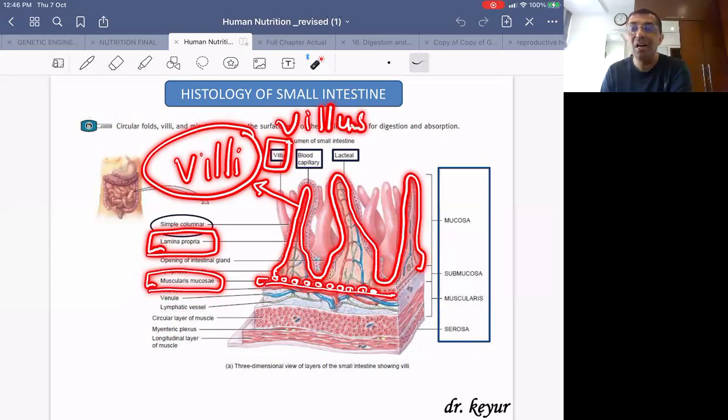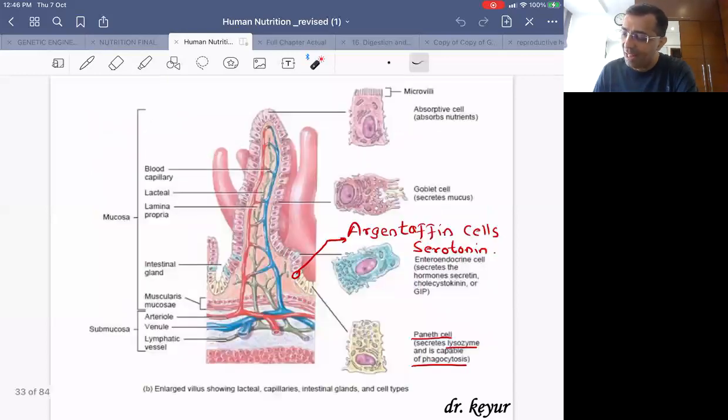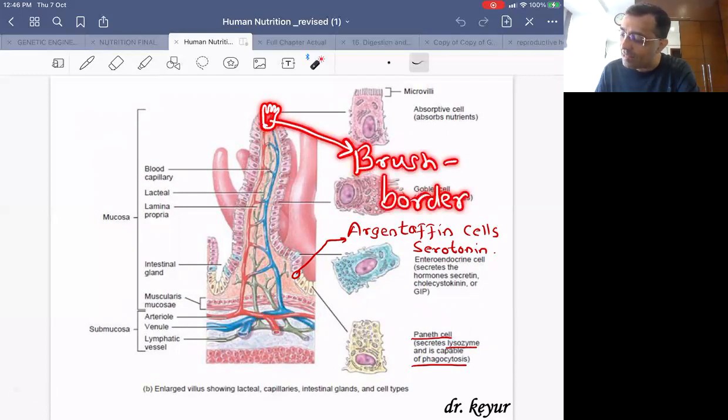Villus and villi tremendously increase the surface area for absorption. लंबे लंबे finger like projections होते हैं, and the surface area for absorption will increase because of these villi. And to further increase the surface area for absorption, these villi are lined by specialized cells called brush border cells, which have microvilli.